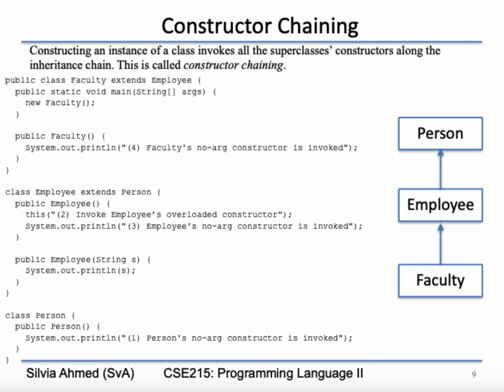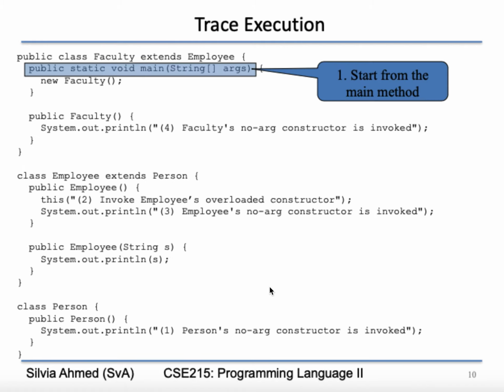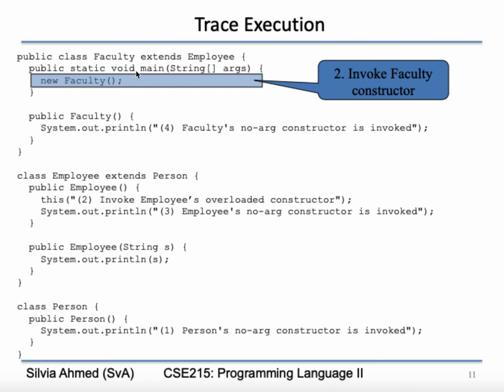So with this, let's now look into how the code will be executed. The execution will start from the main method. Inside the main method, there is only one statement, which instantiates a Faculty object. So new Faculty will invoke the Faculty no-argument constructor, which is right here.